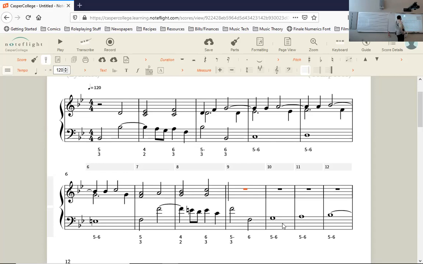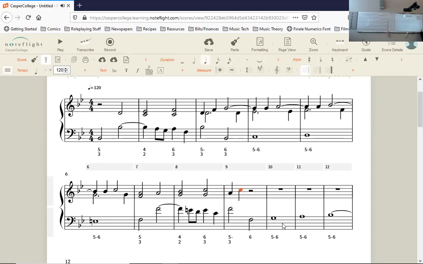So we need do, ti, la, ti, sol, do. Do, do, ti, la, ti, sol, do. Mi, fa, sol, mi, sol, la. La, ti, ti, do.